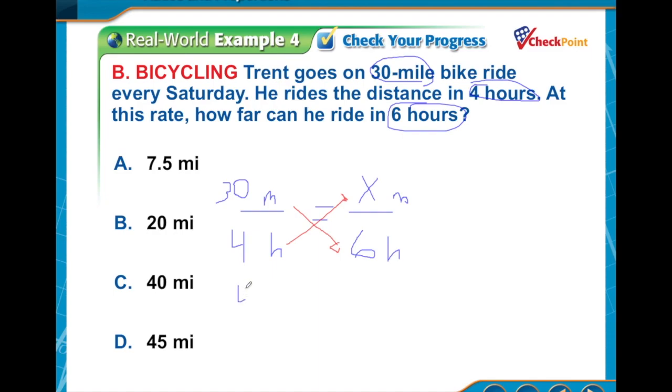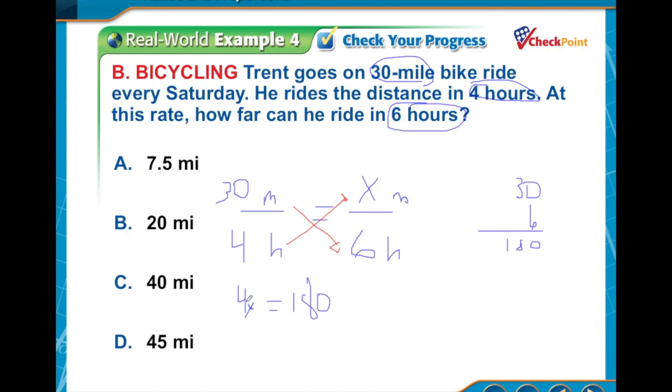And that's equal to 30 times 6, which is, let's check it over here for us. 6 times 0 is 0. 6 times 3 is 18. So 30 times 6 is 180. Now 4 times some number equals 180.